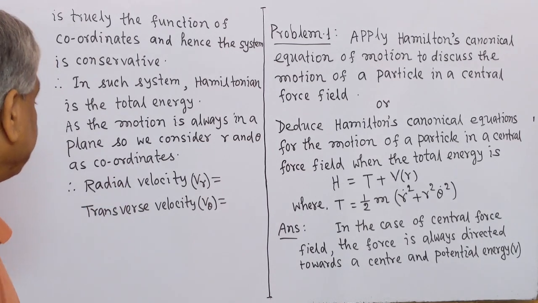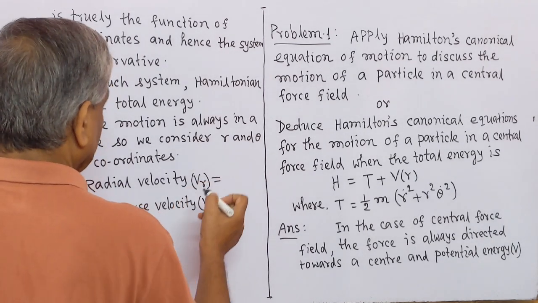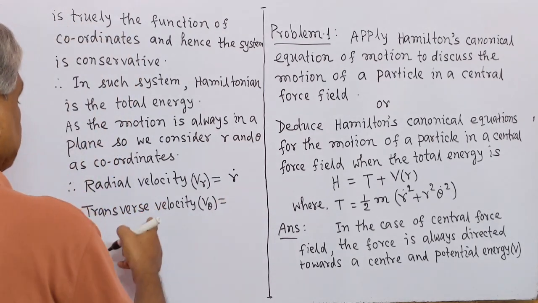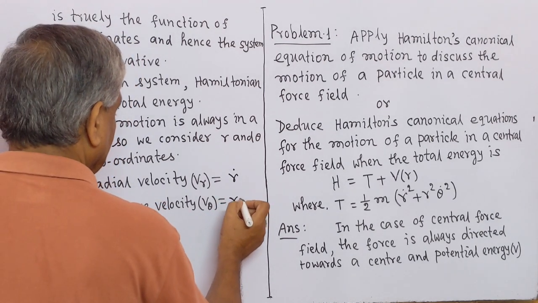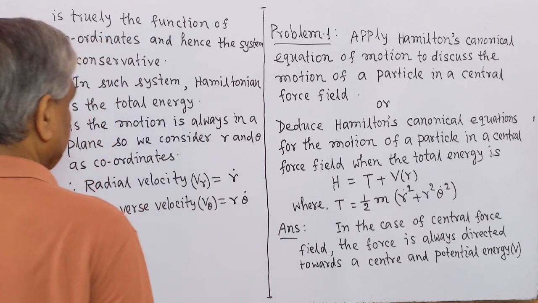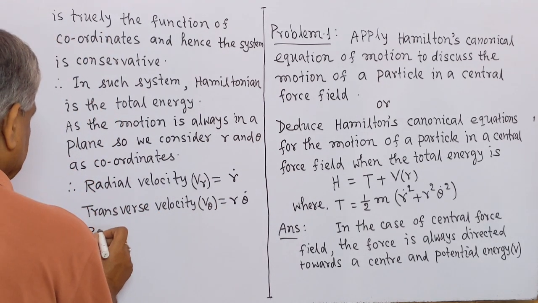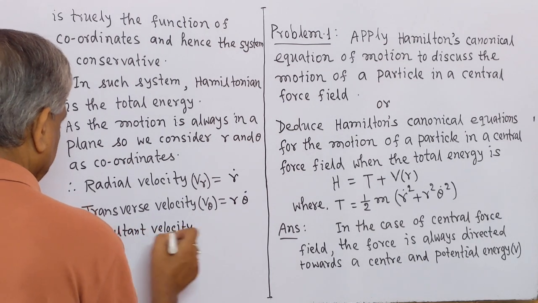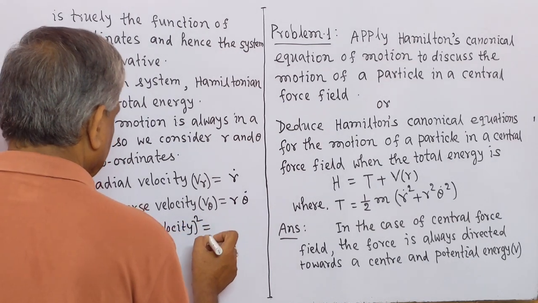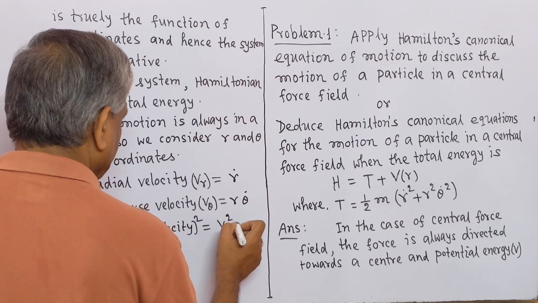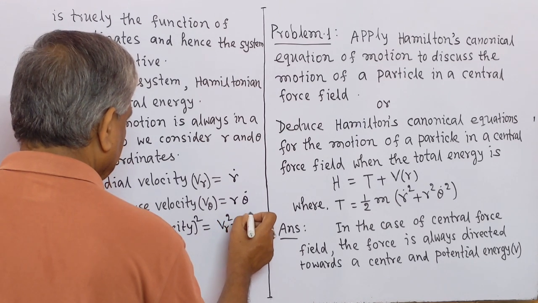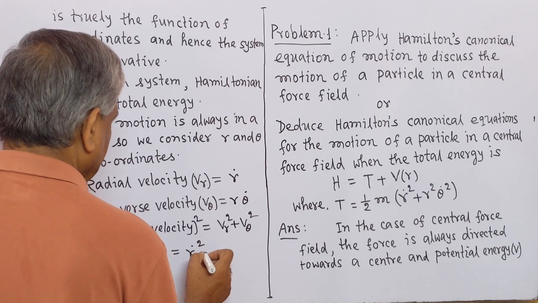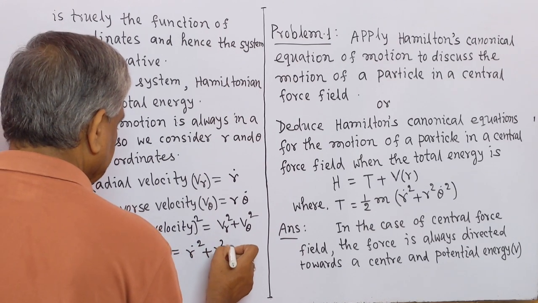Therefore, radial velocity Vr equal to r dot and transverse velocity V theta will be r theta dot. The resultant velocity square equal to Vr square plus V theta square, which is equal to r dot square plus r square theta dot square.